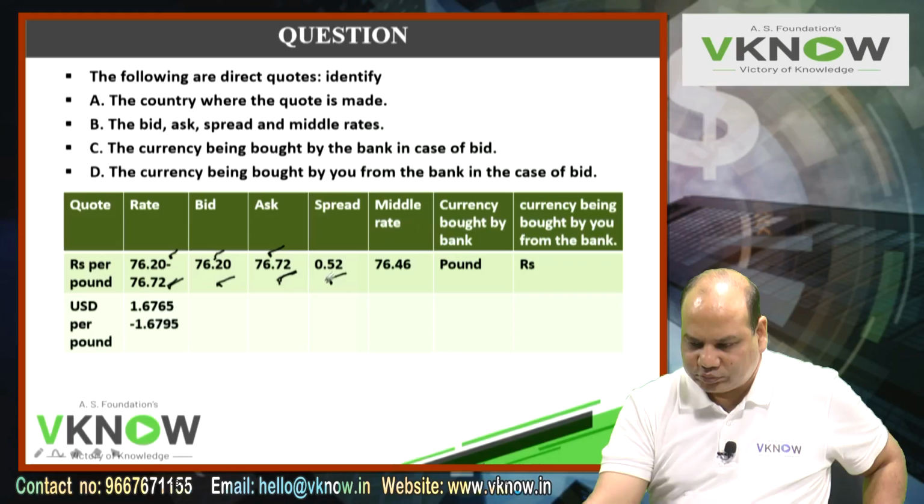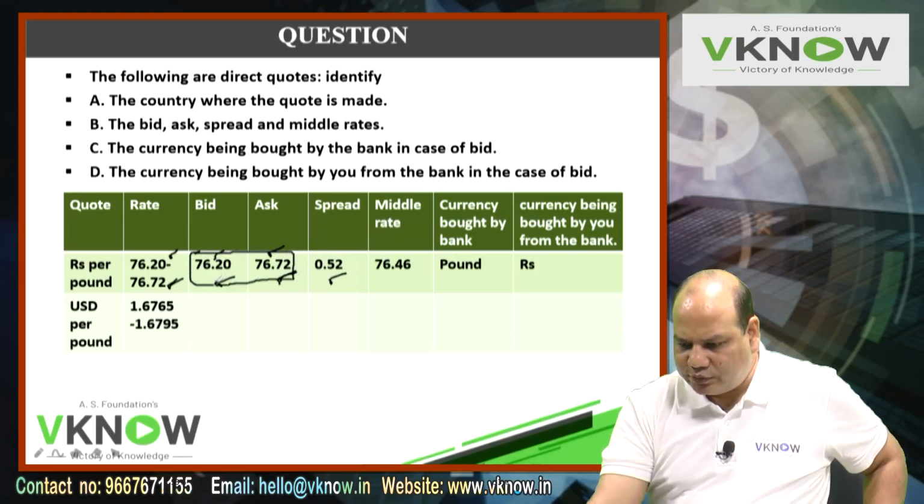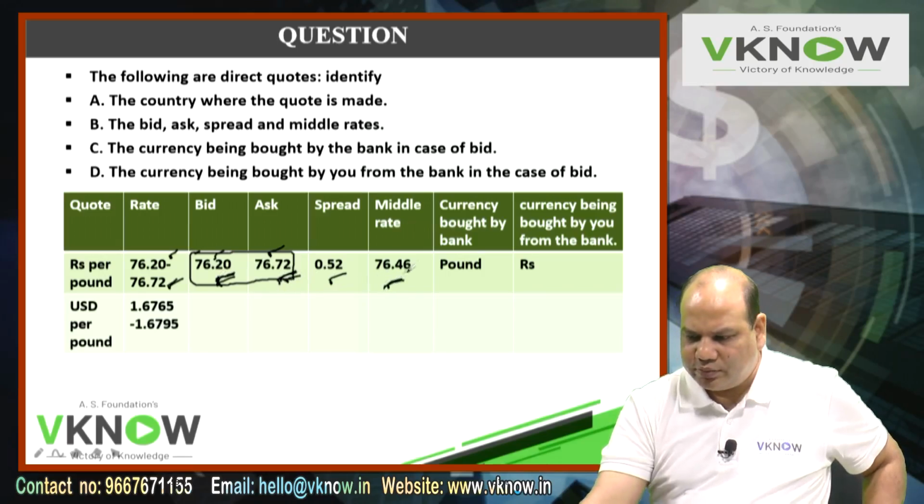Spread. Middle rate is the average of these two. Take the average of 76.20 plus 76.72 divided by 2. So that gives me that middle rate.